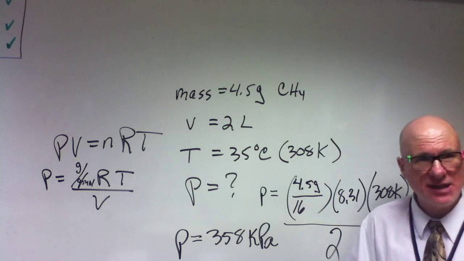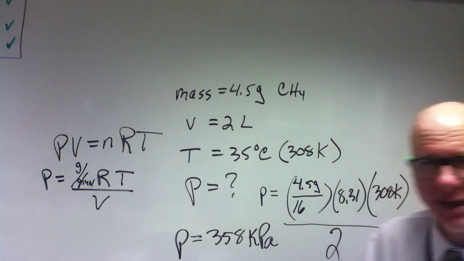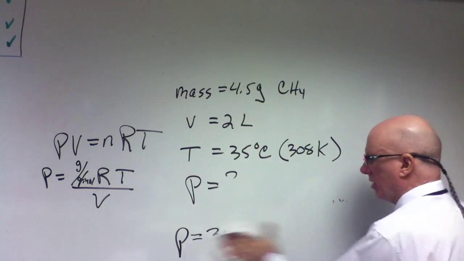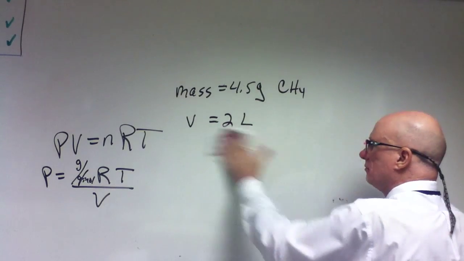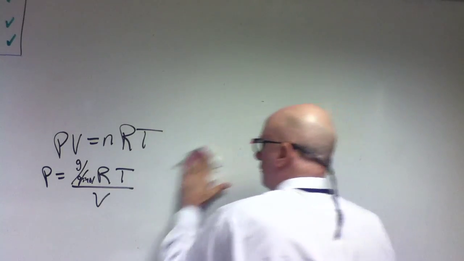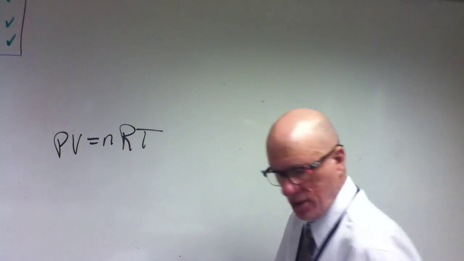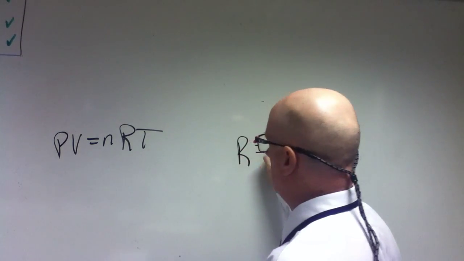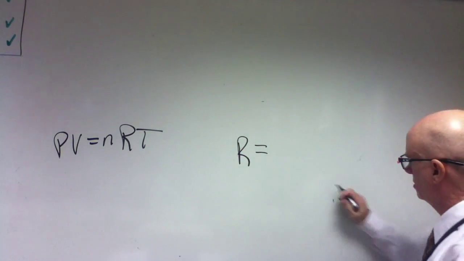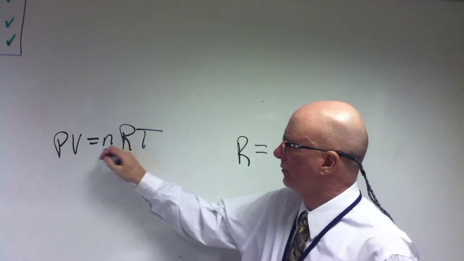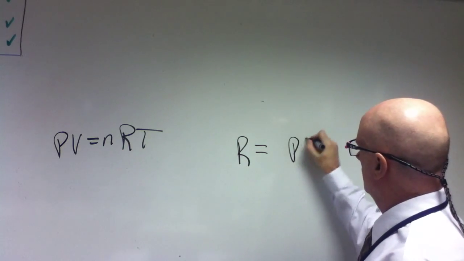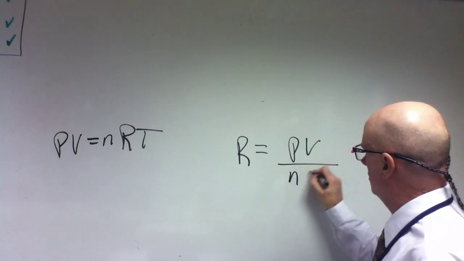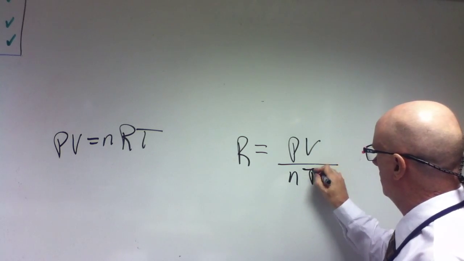Now, what happens if you don't know R? How do I calculate R? Wouldn't I say R equals PV over nT? Right?